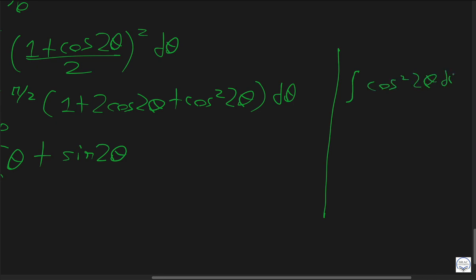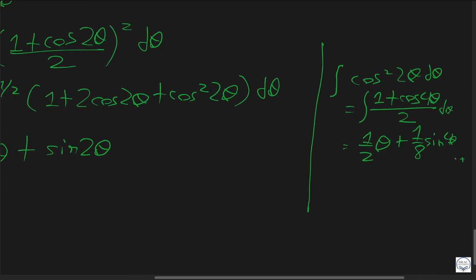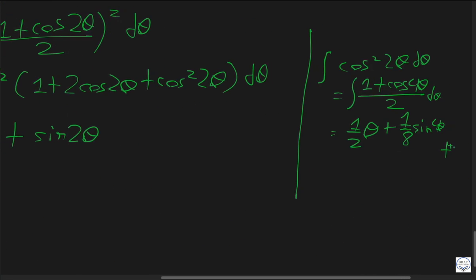The integral of cos squared 2 theta d theta equals the integral of 1 plus cos 4 theta divided by 2 d theta. So now we get theta by 2, or simply half theta, plus 1/8 sin 4 theta. I'm going to substitute this back. We should have a plus c, but it doesn't really matter.